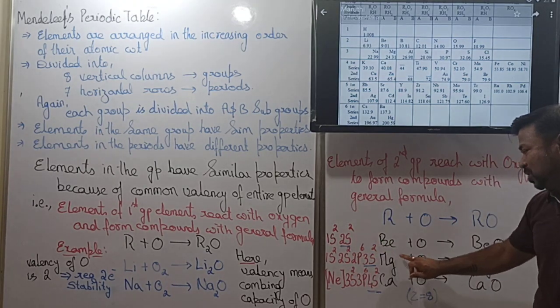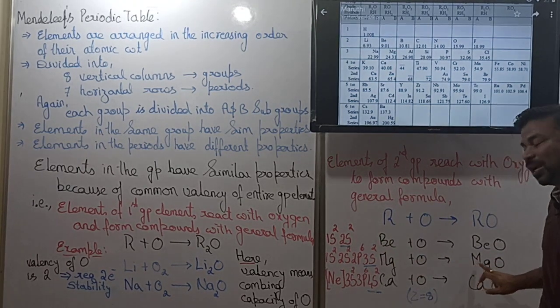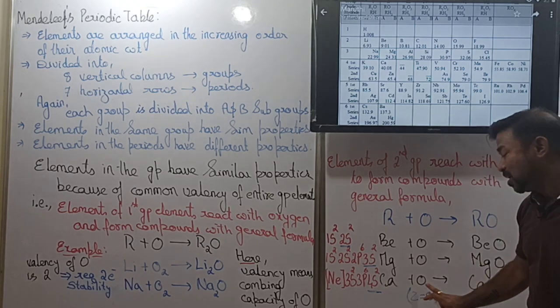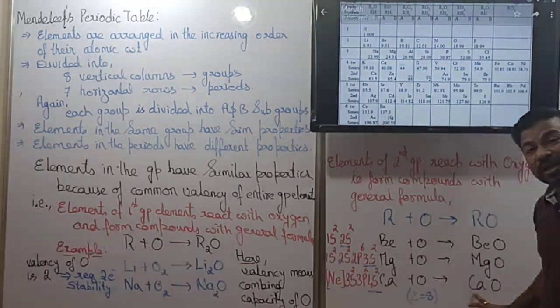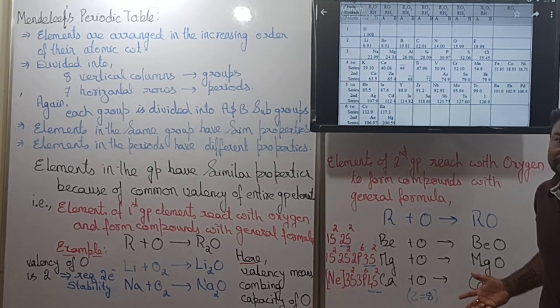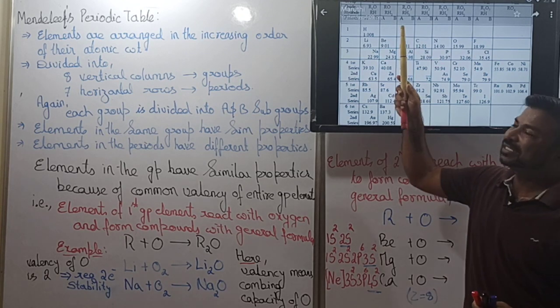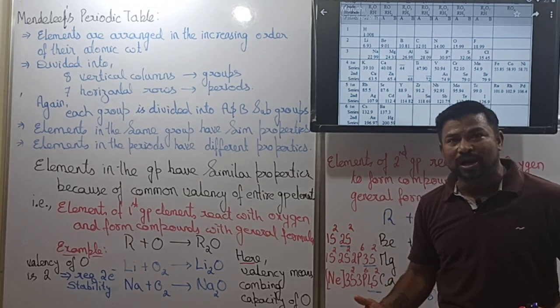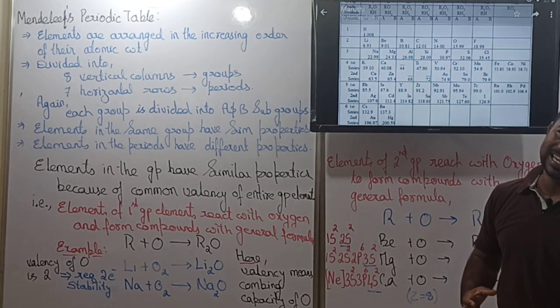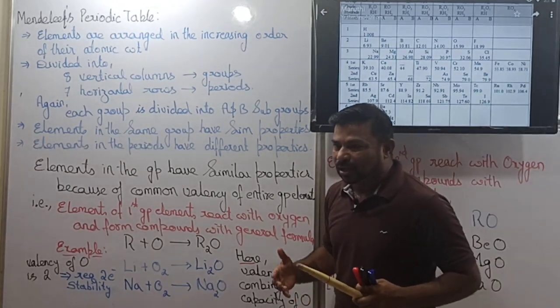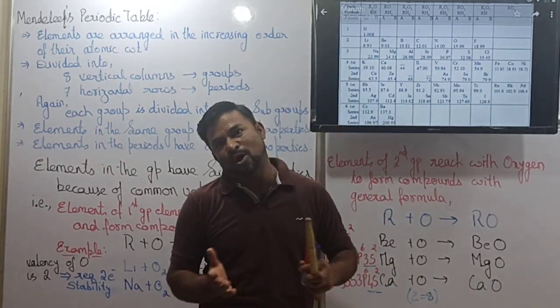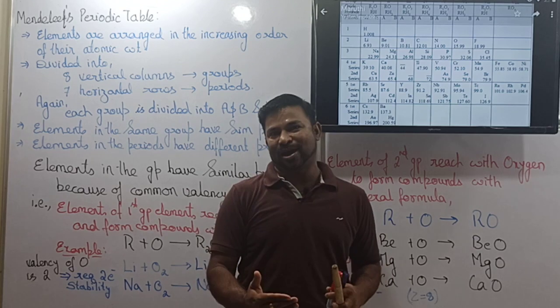So magnesium combines with oxygen forming magnesium oxide, and calcium combines with oxygen forming calcium oxide. So that's what Mr. Mendeleev says according to the common valency, how the elements of the group combine with oxygen with a general formula.